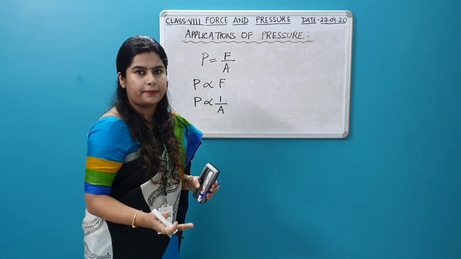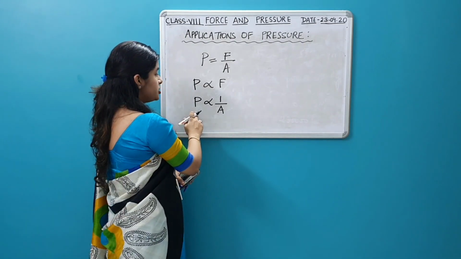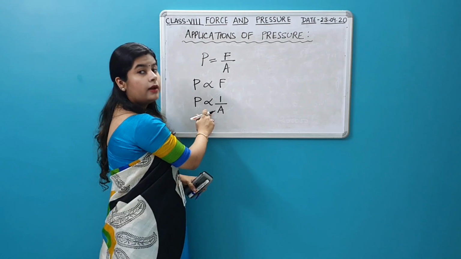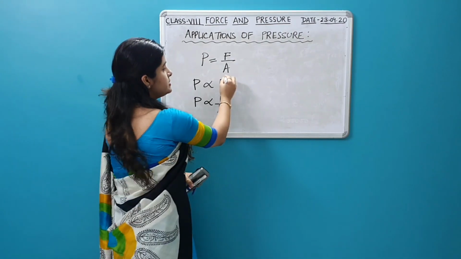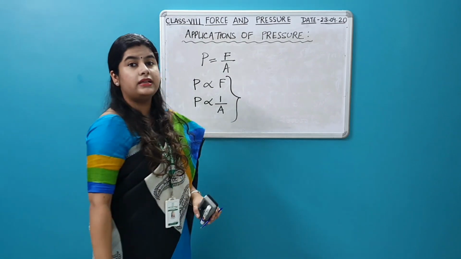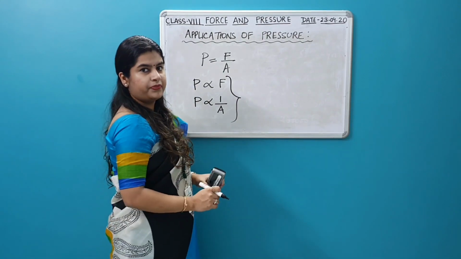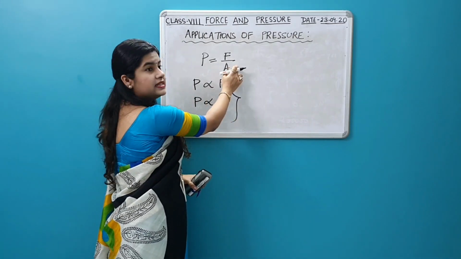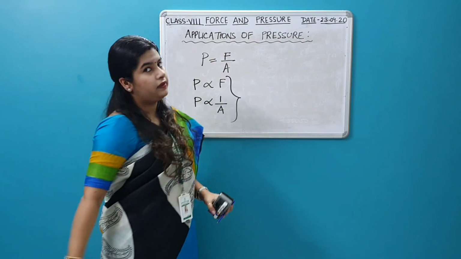Just the reverse will happen. Is that clear? These are the two important things that you have to know. From these relations you can easily understand why pressure is equal to force by area.